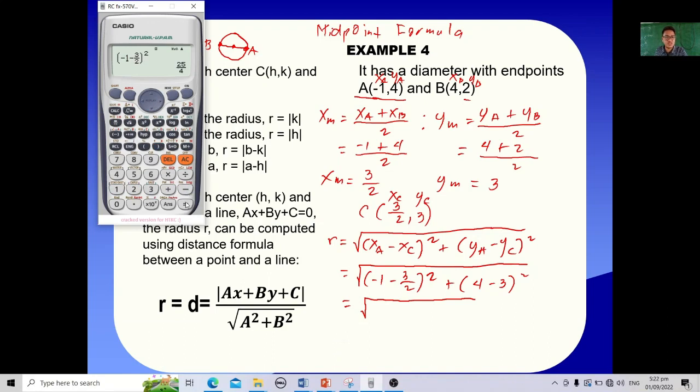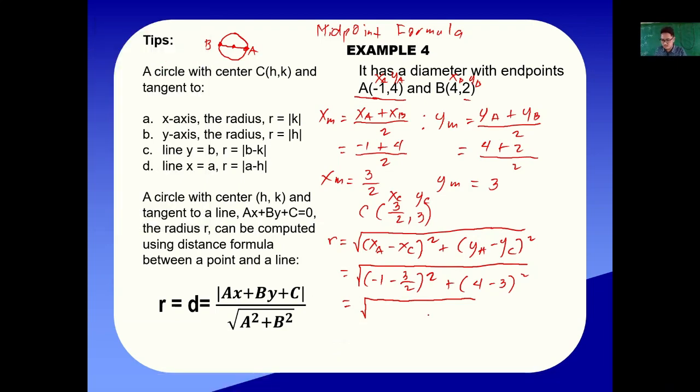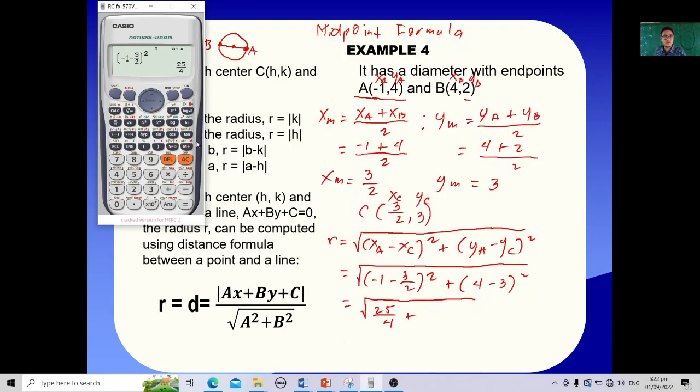What is the value? That is 25 over 4. 25 over 4 plus what is 4 minus 3, squared?